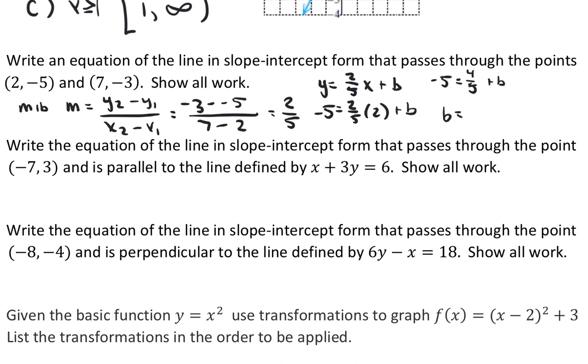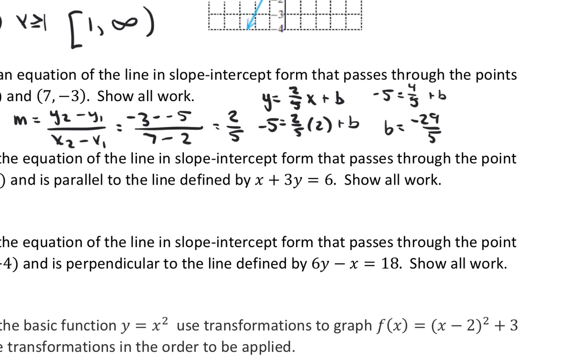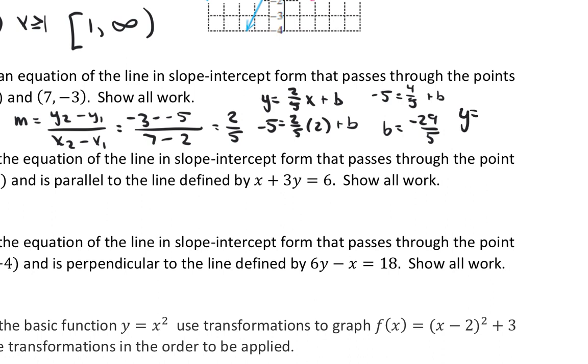We know that b is equal to negative 29 over 5. So our full equation is y equals 2 over 5 x minus 29 over 5.